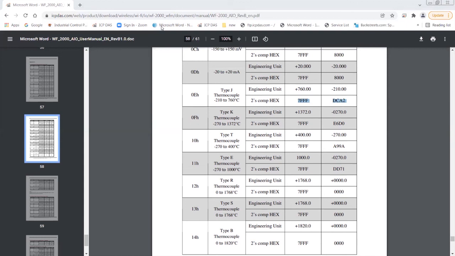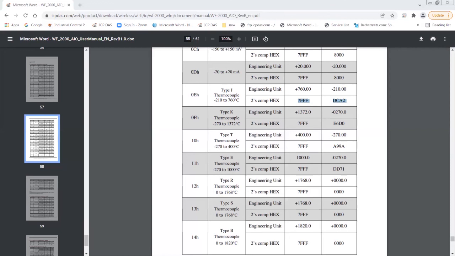Next question: where is the internal CJC located and how many? Traditionally, our modules have one, and it's located in the body of the module for our ET series. Let me show you an example, the 7018Z.